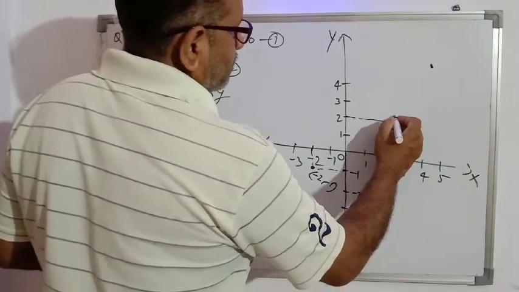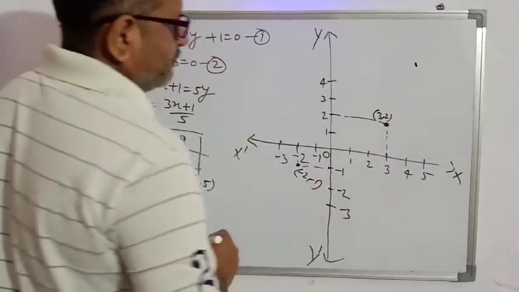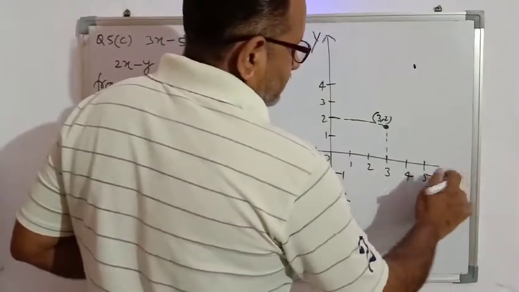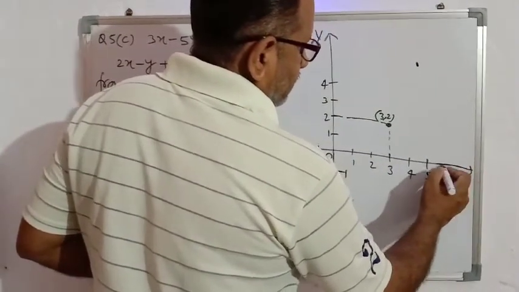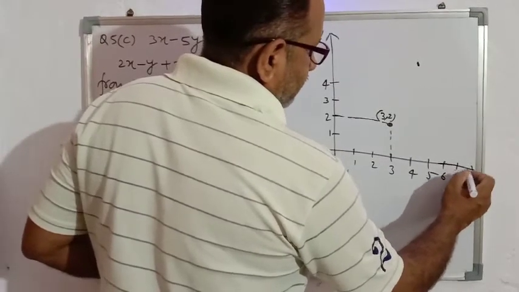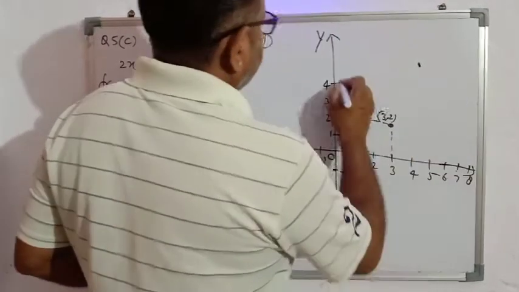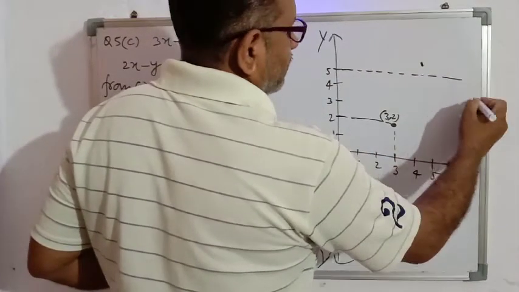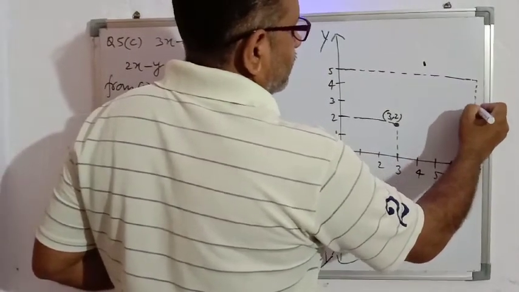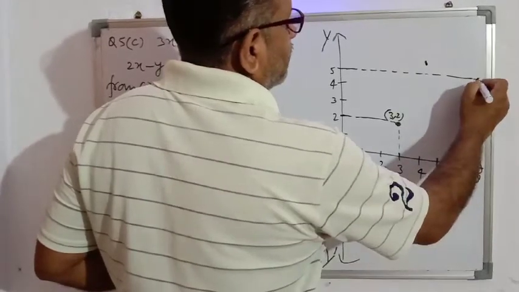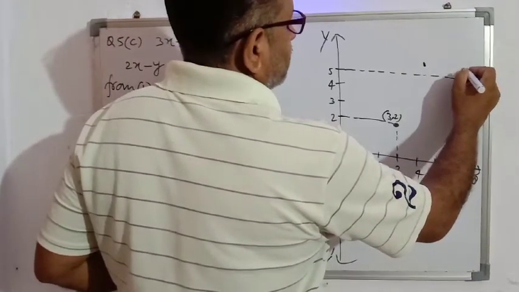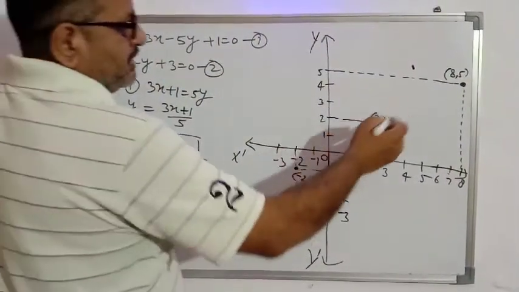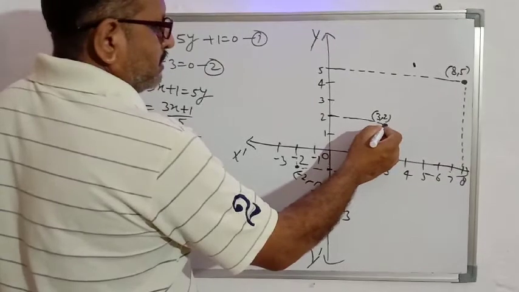This is 3, 2. x is 8, y is 5: 6, 7, 8. So this point is 8, 5. Now we will join these 3 points with the scale.